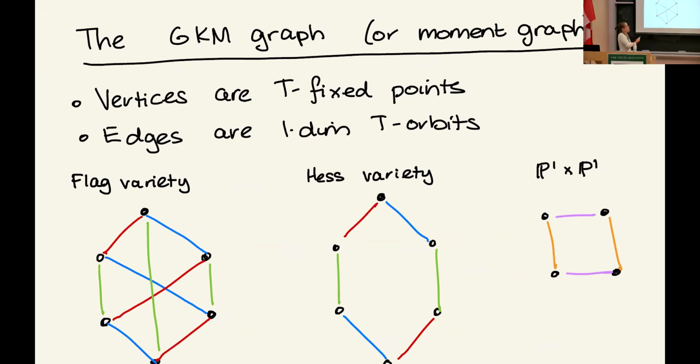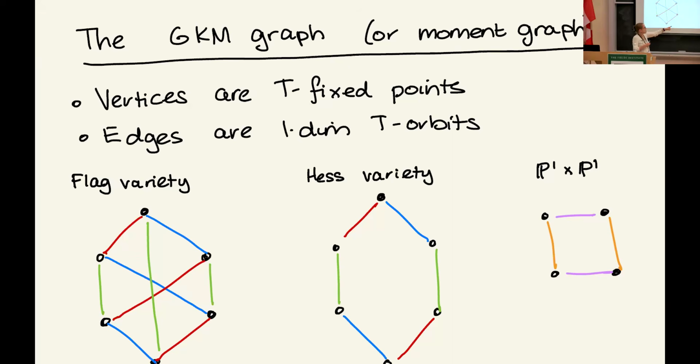But let's go to the GKM graph, or moment graph. Since we have isolated fixed points, I can create a combinatorial graph. Vertices are the fixed points. Since the edges come with some fixed points, just two of them in the closure, I have a nice way of creating edges. And so these I think of as these one-dimensional T orbits.